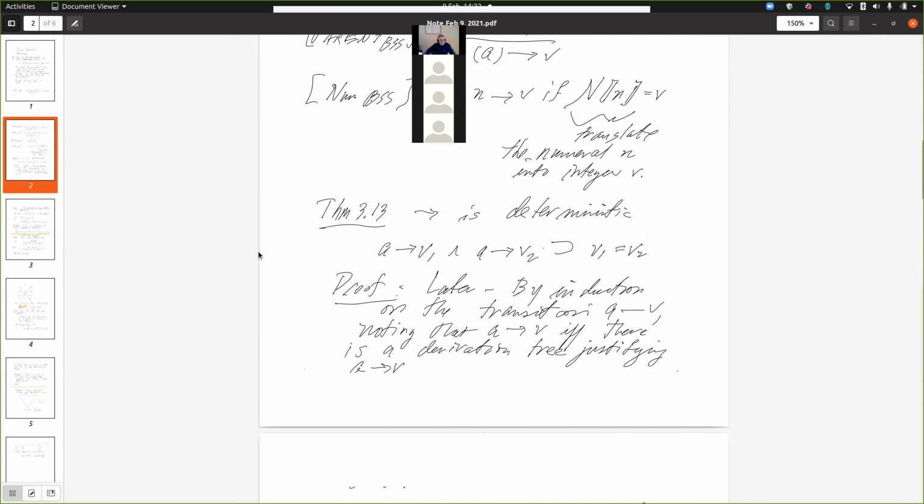But remember that for big step semantics, we're taking the program and evaluating it completely until it's an integer.